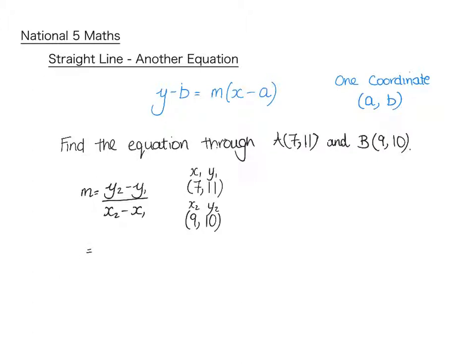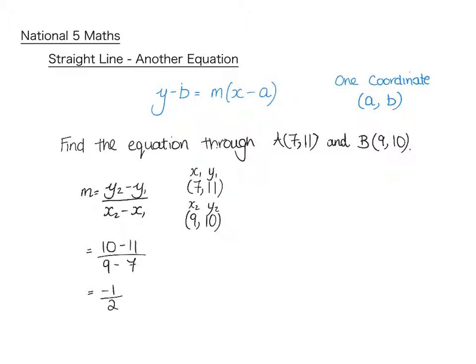So on the top we have 10 take away 11, and on the bottom 9 take away 7. 10 take away 11 is minus 1, 9 take away 7 is 2. So our gradient is negative 1/2.